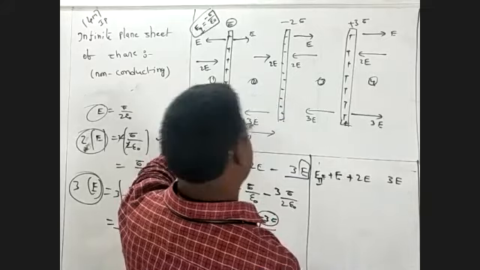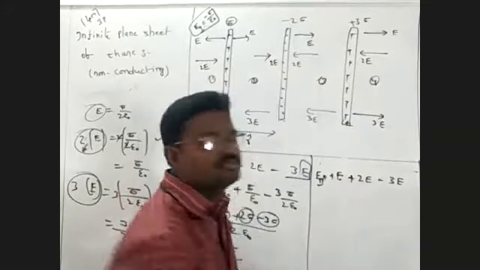The direction of 3E and direction of R cap are in opposite directions, so we take minus.